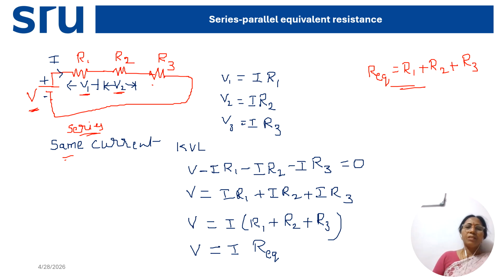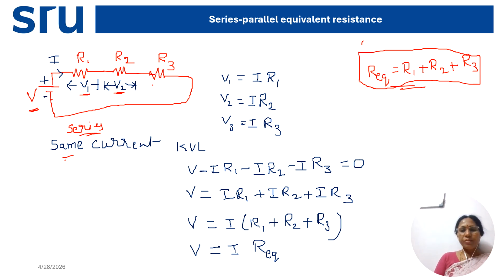And from that we get the equivalent resistance of this network as the sum of all the resistors. We have taken only three resistors, so the equivalent is R1 plus R2 plus R3. So this is the example of a series connection.